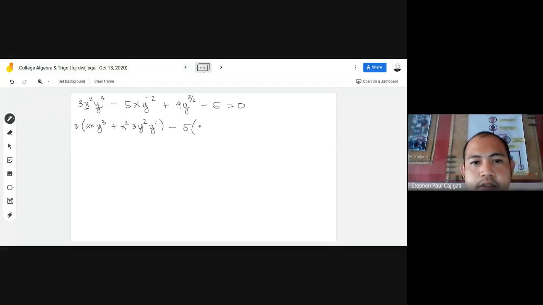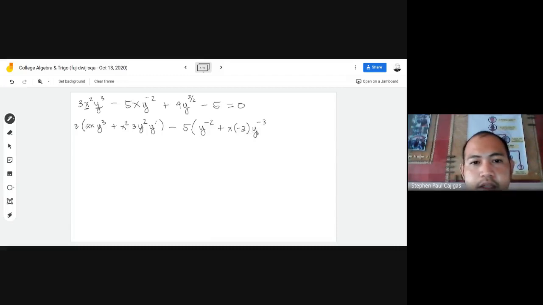Simply write y to the negative 2 plus copy x. Derivative of y to the negative 2 becomes negative 2. I put parentheses to indicate that we are multiplying here negative 2, so you are sure you are multiplying. Negative 2 minus 1, that's negative 3.